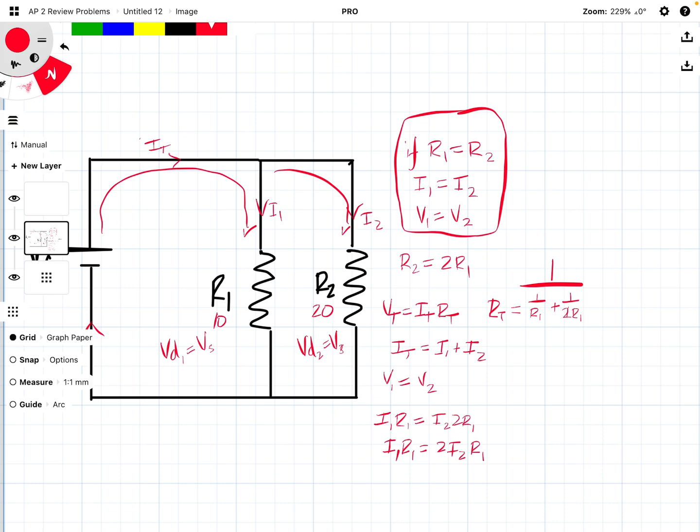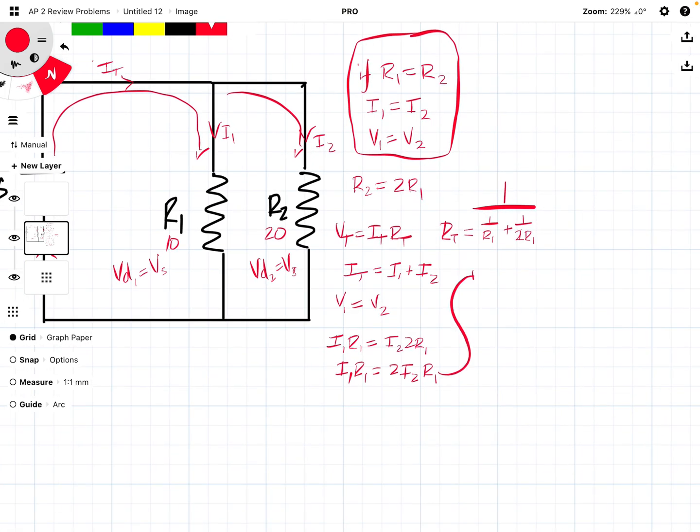But then what we can do now is take this equation, if we really wanted to go even further, and say I1 would be equal to 2 I2 R1 over R1, which would then mean that I1 is equal to 2 I2.